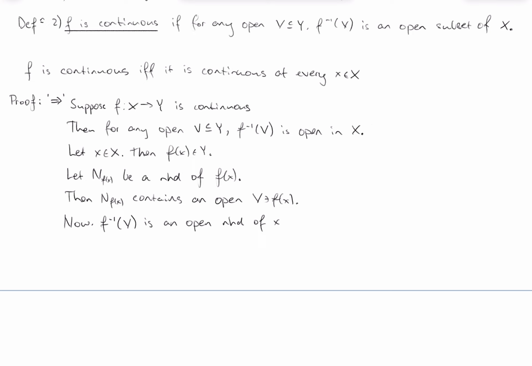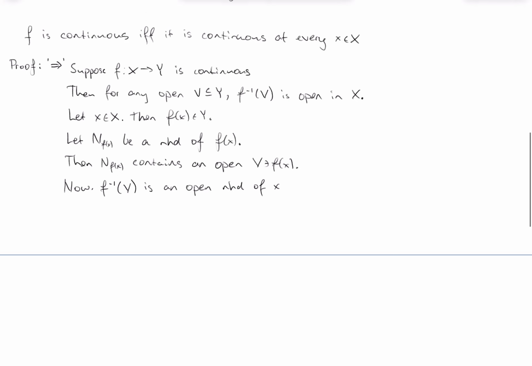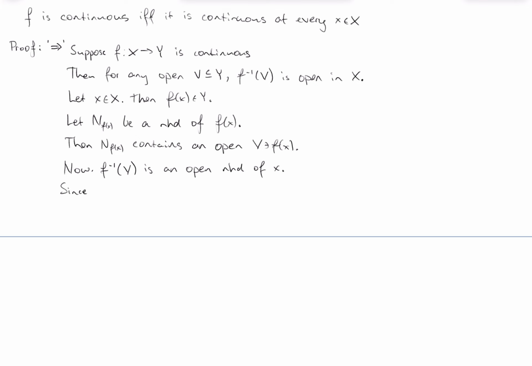So the inverse image of V is an open neighborhood of x. That's going to be a subset of the inverse image of N of f of x, because f is continuous, and this is true for all x in X, because x was chosen arbitrarily.